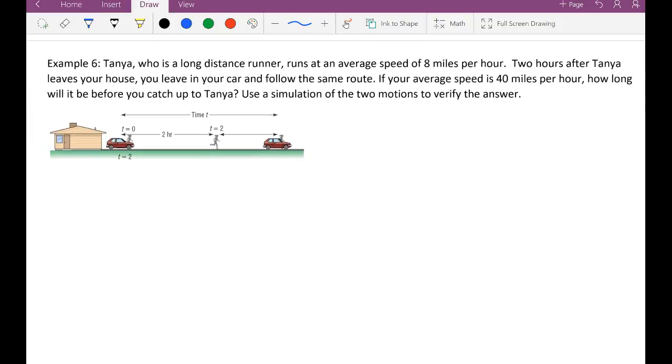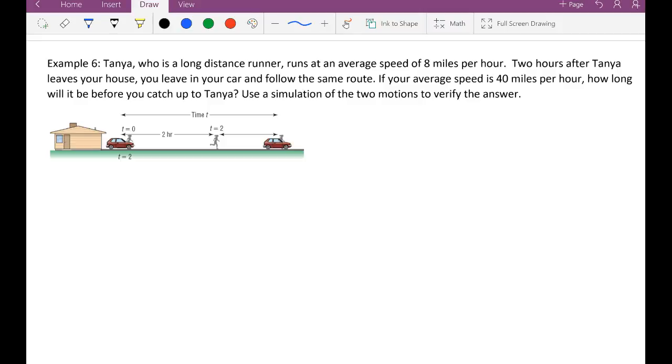Last example in our 10.7. Tanya, who is a long-distance runner, runs at an average speed of 8 miles per hour. 2 hours after Tanya leaves your house, you leave in your car. Hopefully you can drive and follow the same route. If you can't drive, then you might get a ticket, so don't do it.